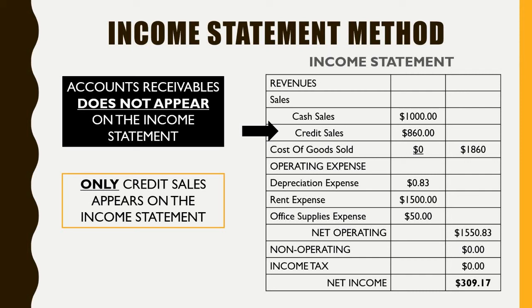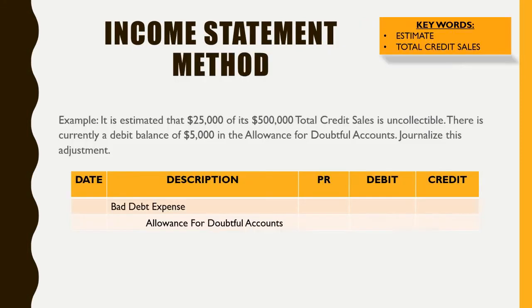So the difference is that when we're dealing with the income statement, we only see one thing and one thing only: total credit sales. Okay? No allowance for doubtful accounts, no accounts receivable. So, in context, when we take a look at this example here, we are looking only for two key features, right?